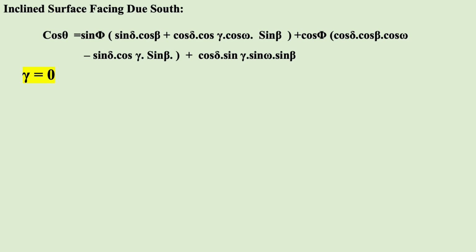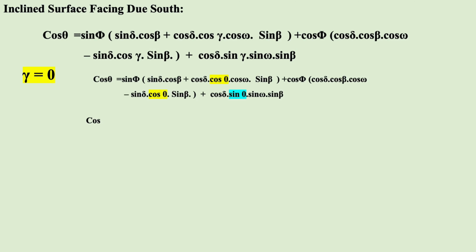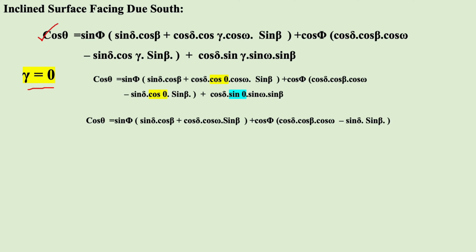Now for a surface facing due south, the value of azimuth angle gamma is equal to 0 because it is facing due south. If we place this value of gamma equal to 0 in the above equation of cos theta, we will get a new equation, in which cos gamma is replaced by cos 0, and similarly in the other term where cos gamma is replaced by cos 0, and in the last term sin gamma is replaced by sin 0.